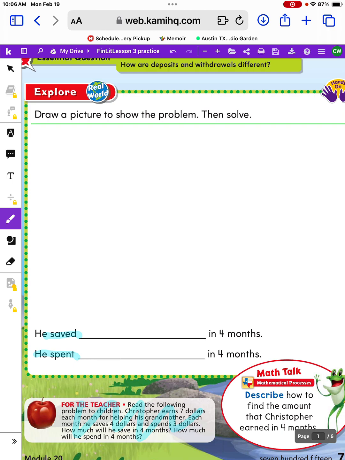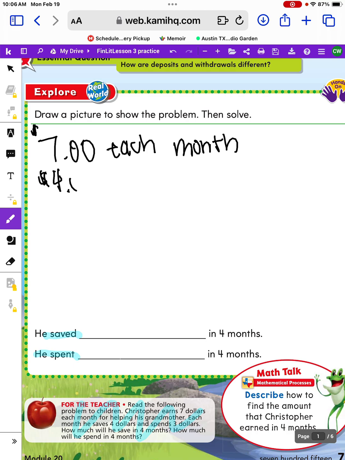So let's first see how much he earns. $7 each month. Each month. And let's see, he saves $4 and he spends $3.